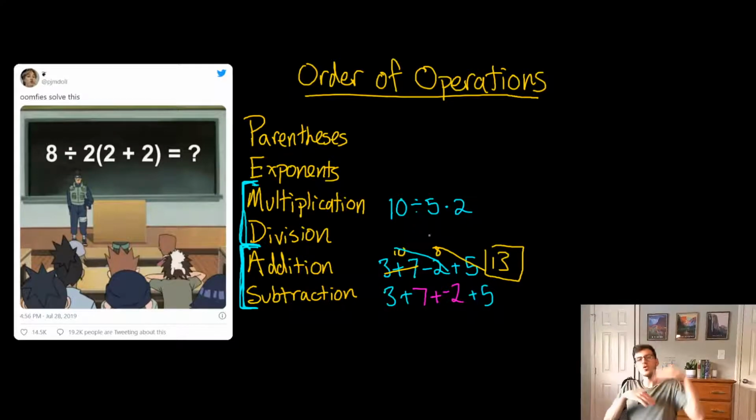If you were to just go straight down the line PEMDAS, you might think, I need to do 5 times 2 and then 10 divided by that. However, can you think of another way that we could write 10 divided by 5 using multiplication? I'll get us started off.